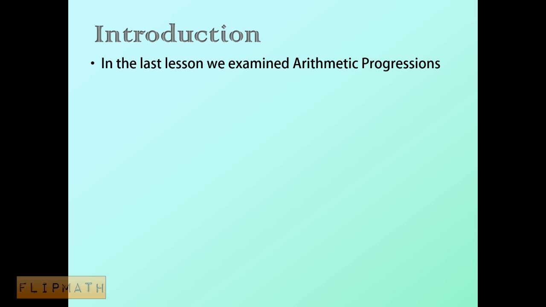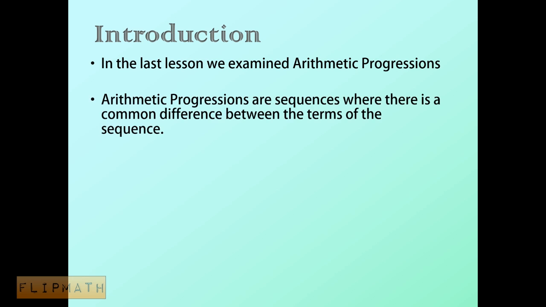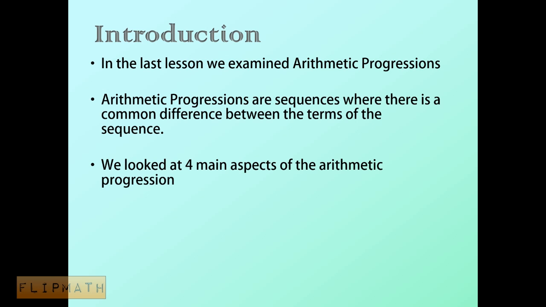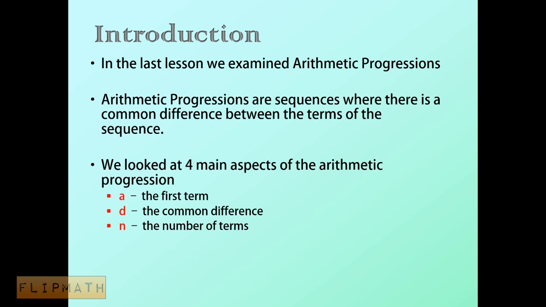Introduction. In the last lesson, we examined arithmetic progressions, which are sequences where there's a common difference between the terms. If there's a gap of 4 between the first and second term, there'll be a gap of 4 between the second and third term, etc. We looked at four main aspects: the first term, the common difference, and the number of terms.